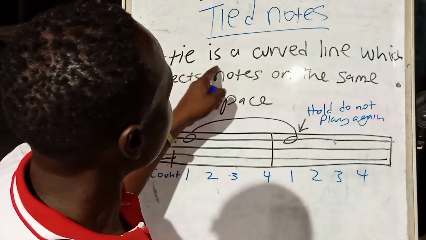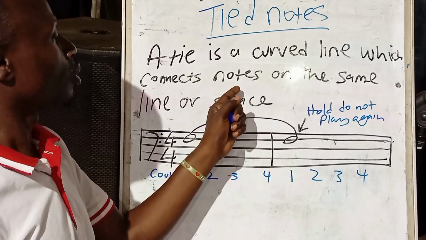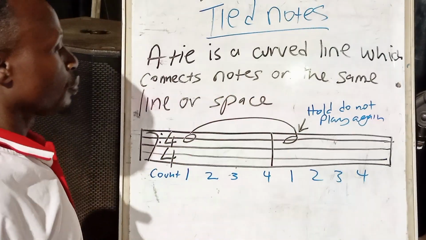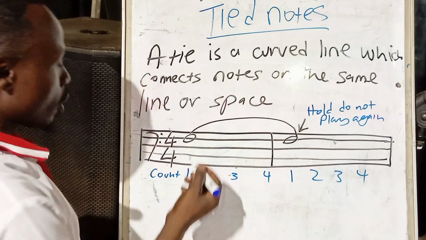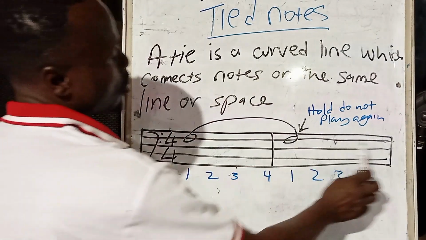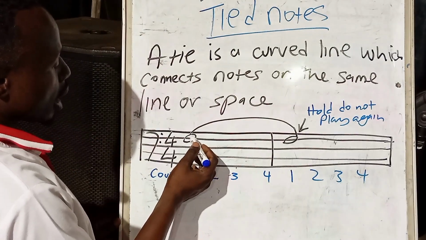A tie is a curved line which connects notes on the same line or space. So you can have a piece of music like this. Let's say this is our piece of music, and these are our notes.